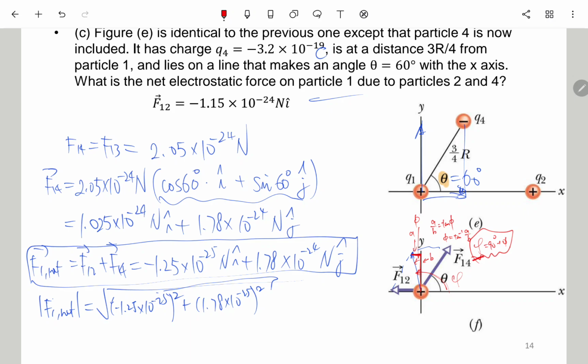I'm not sure whether the number is maybe around 100 degrees counterclockwise to the positive x-axis. Something like that will answer the question if you are asked what is the direction of the force.